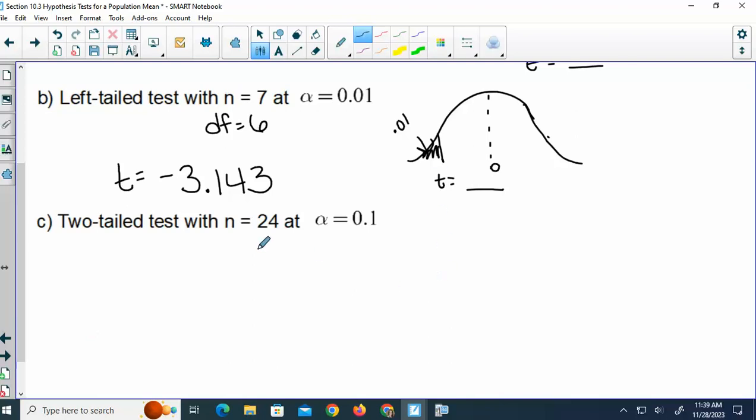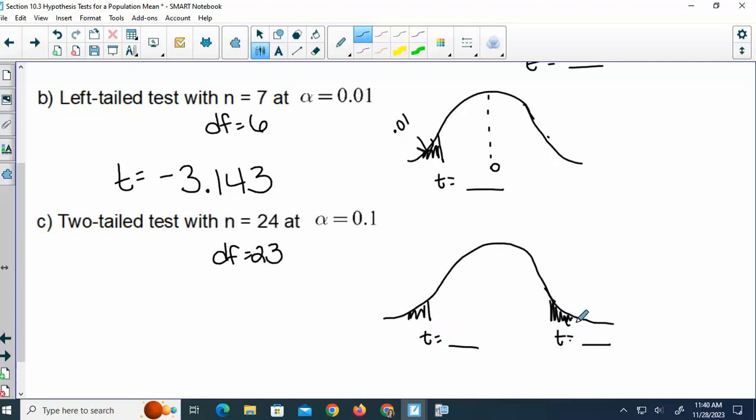C, a two-tailed test with n equals 24, so that means there's 23 degrees of freedom. What do I mean by two-tailed? Both sides. So I need 2 t values. When I'm looking at these, the total area in those tails is 0.01, so how do I find out how much is in each? So this would be 0.005 on each one.